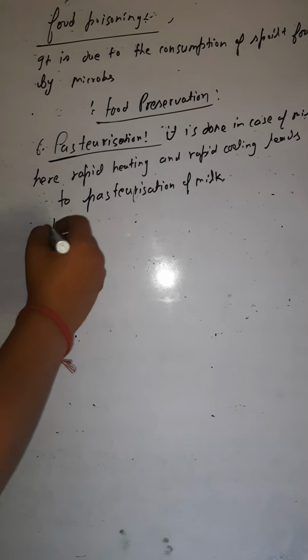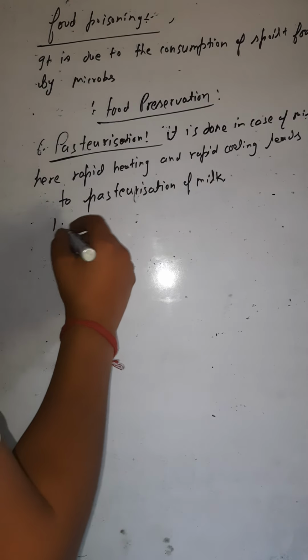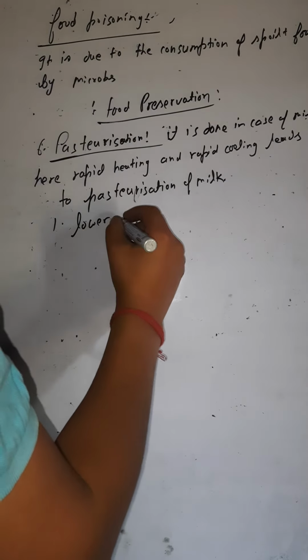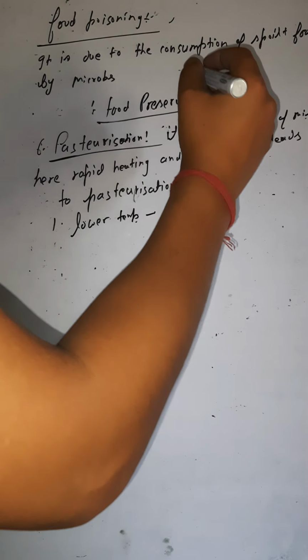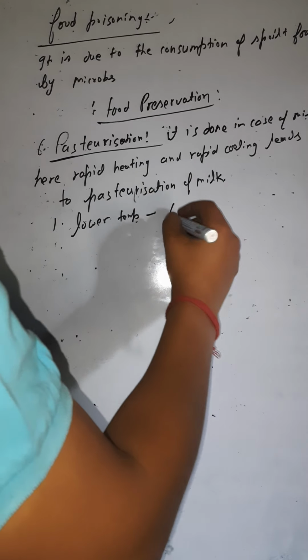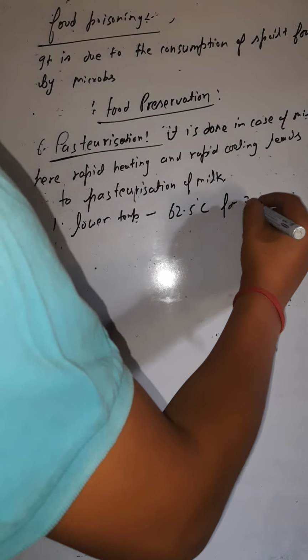So at first there will be rapid cooling, that is a lower temperature, around 60 to 62.5 degrees Celsius for 30 minutes.